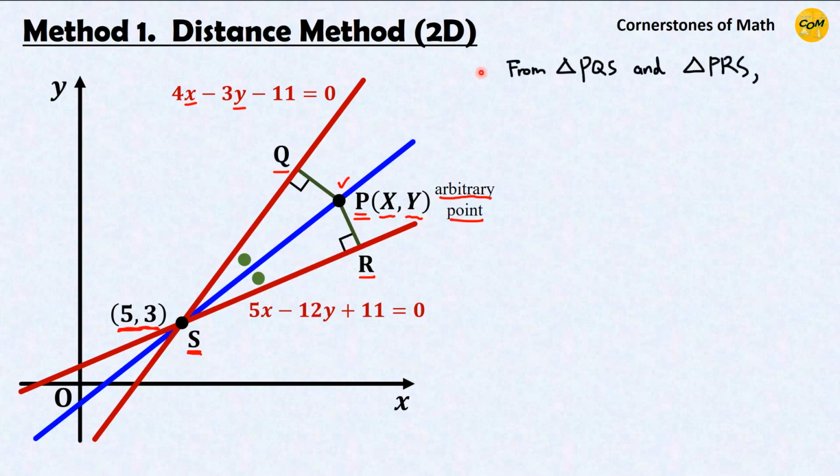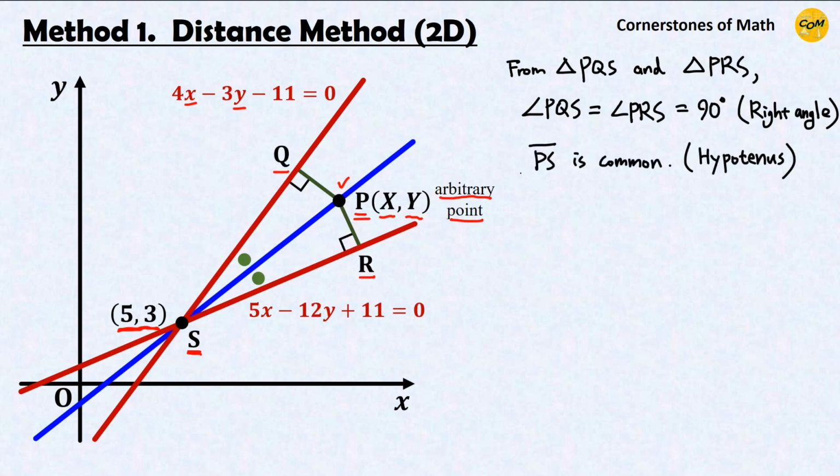Then, from triangles PQS and PRS, first we have angle PQS equals angle PRS, but they are not just equal, they are also right angles. Next, side PS, which is the hypotenuse, is common. Next, angle PSQ equals angle PSR due to the angle bisector condition.